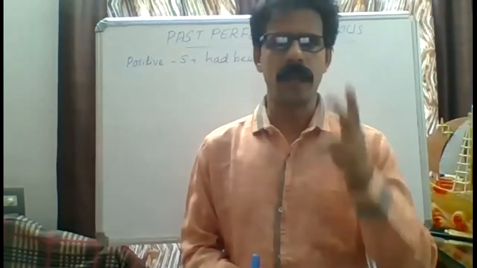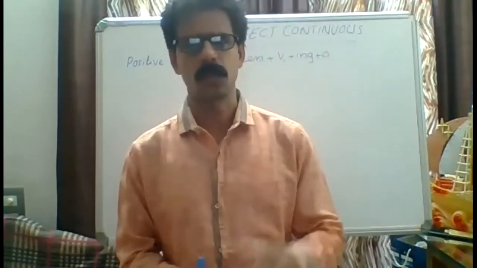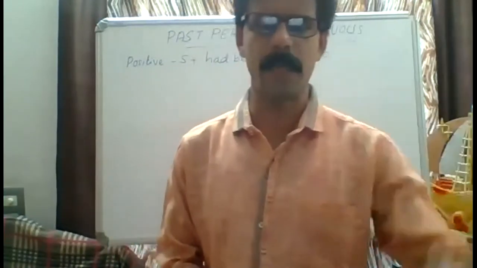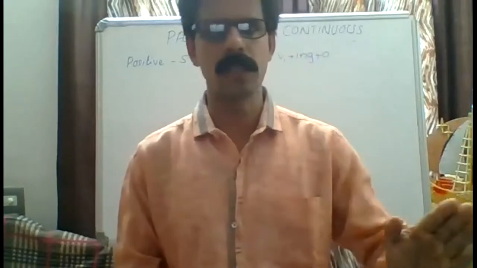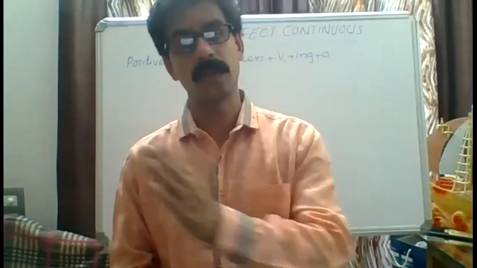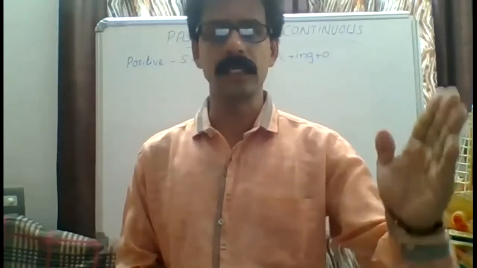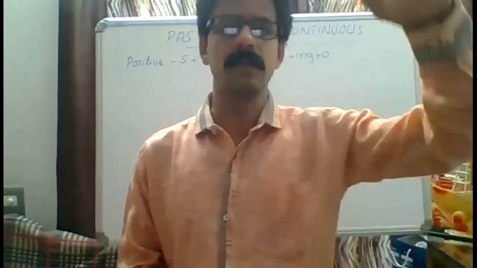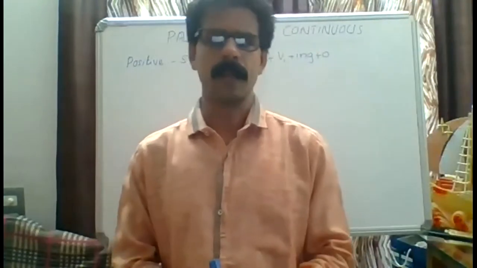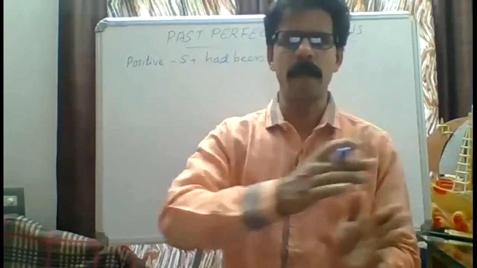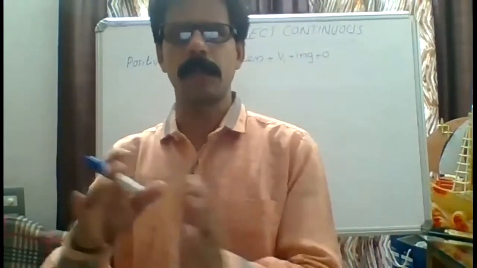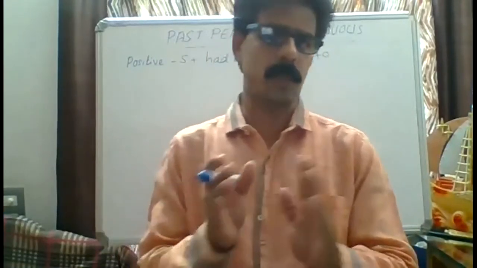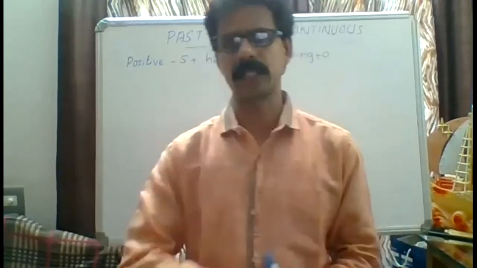When two actions happened in the past, one action was longer, and ending this action another started. The action that happened for a long time is expressed in past perfect continuous.